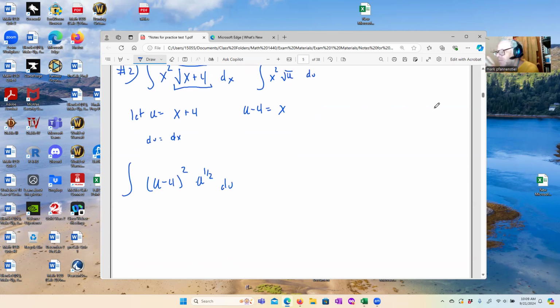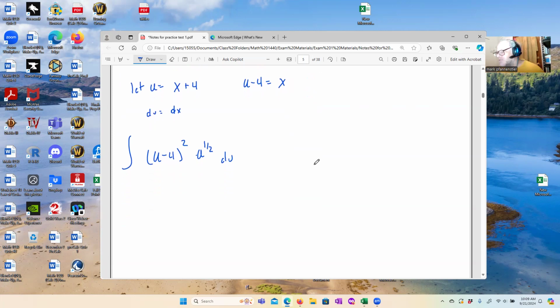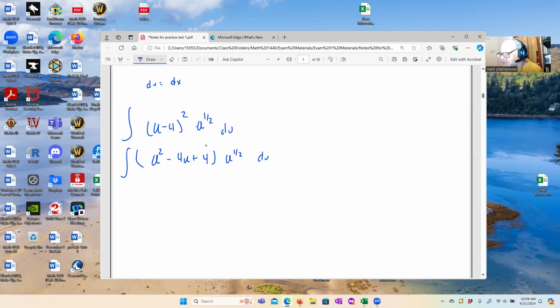Now, again, we don't want to do integration by parts on this. We just want to see, well, this is not the best or the funnest way to do this, but we can just get this problem done and say u squared minus 4u plus 4, times u to the 1/2, and we're still going to integrate here, du. From here, now we can distribute this u to the 1/2.